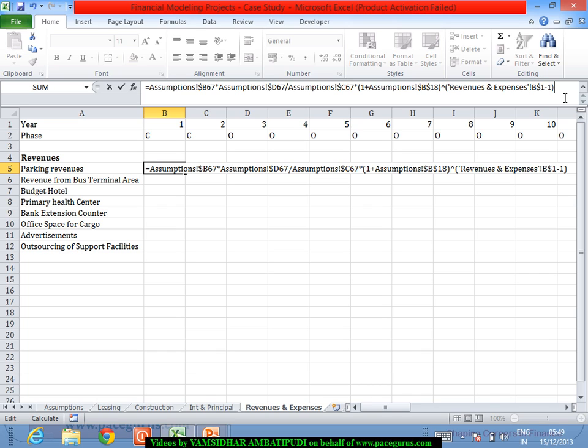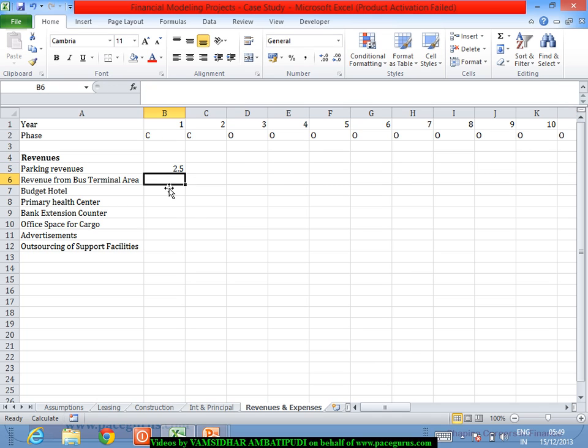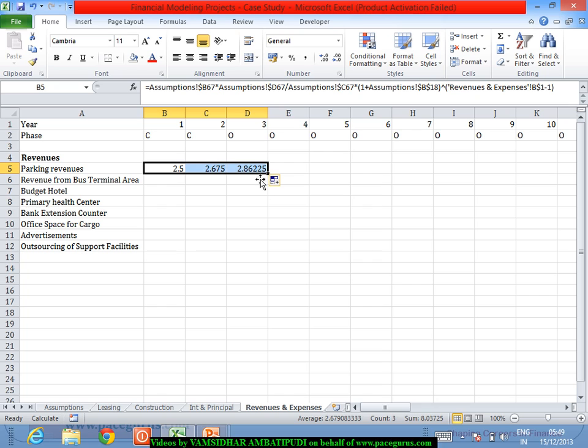If I do this exercise, what is coming out? Yeah, for the first year the parking revenue, let's say, is coming out to be something like this. Just looking at it for a few years, yeah, it is getting incremented in this way. But now a few things that we require, this is applicable only for the operations period.